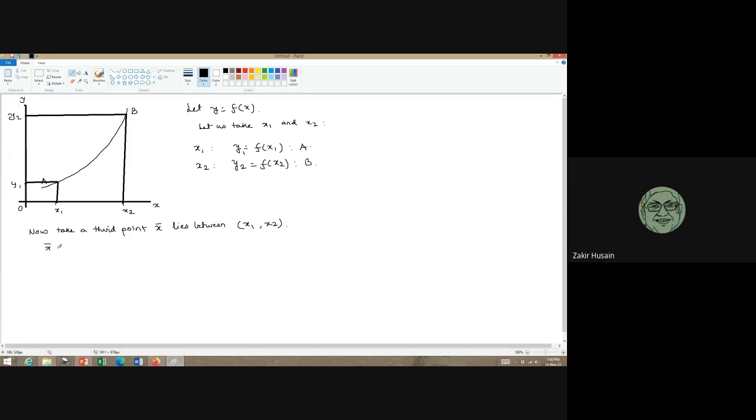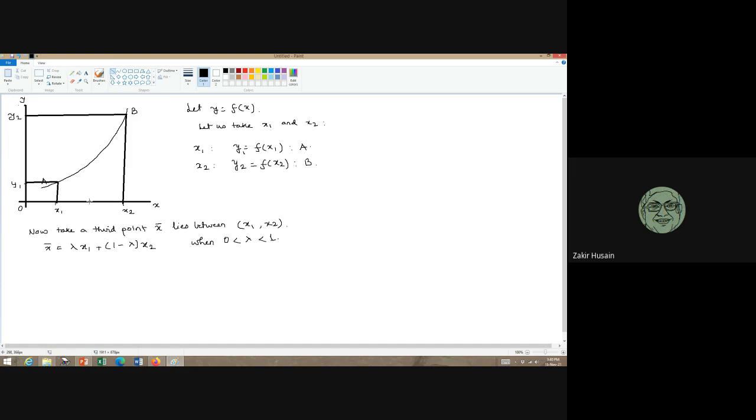Specifically, we define x bar as lambda x1 plus 1 minus lambda x2, when lambda lies between 0 and 1. So let us say that x bar is over here.